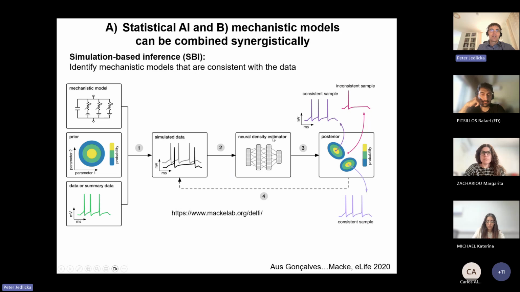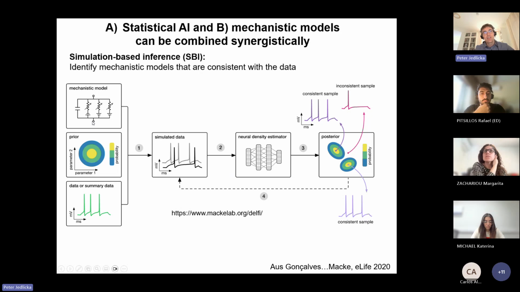So they have this artificial neural network that can learn to predict the distribution of parameters. You see here a prior distribution of parameters for any model. It can be applied also to other models, not only to neuronal models or biophysical models, but here we have an example for a biophysical one.